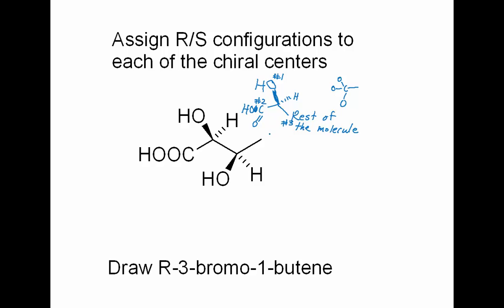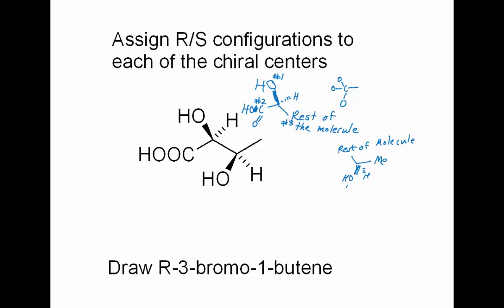I think it's actually a different slide here, so I can go ahead and draw anything anywhere I want here. All right, so in this other chiral center, it's methyl, OH, and the rest of the molecule.